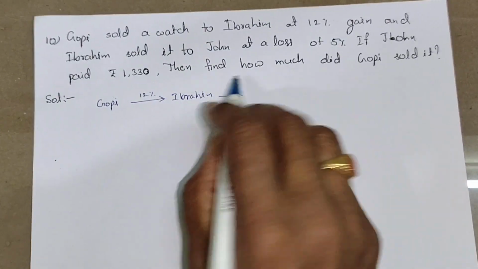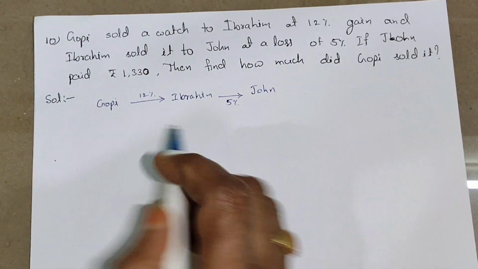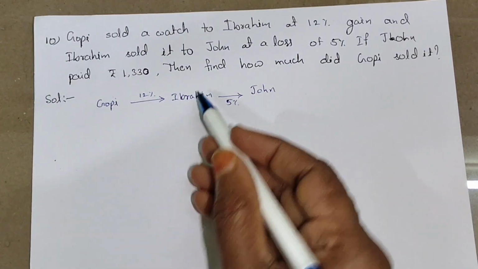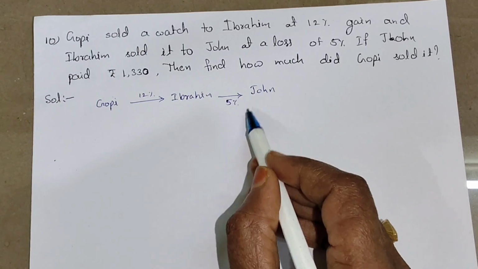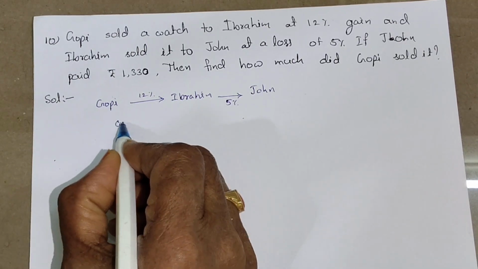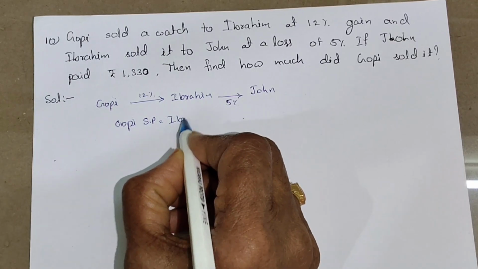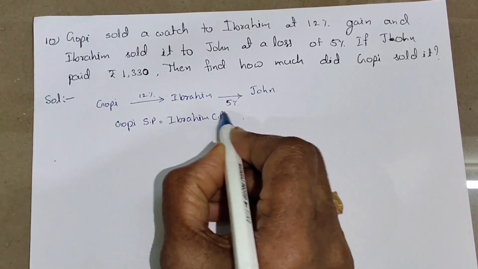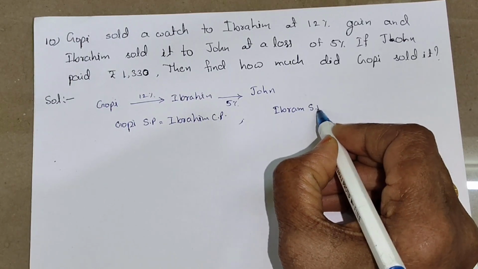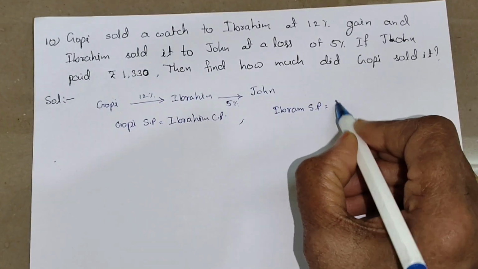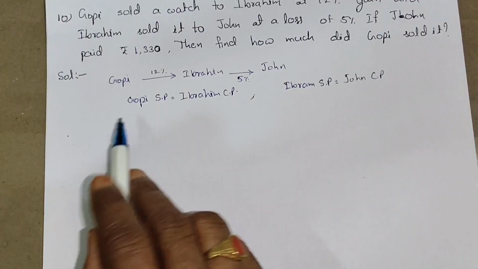Now Gopi's selling price is Ibrahim's cost price. Ibrahim's selling price is equal to John's cost price.